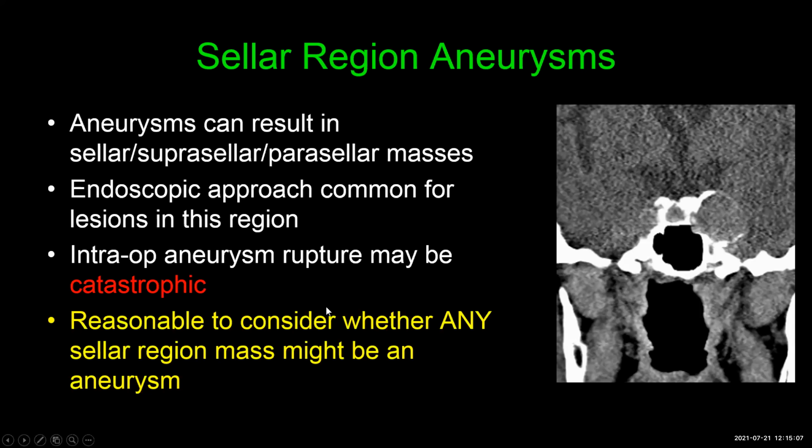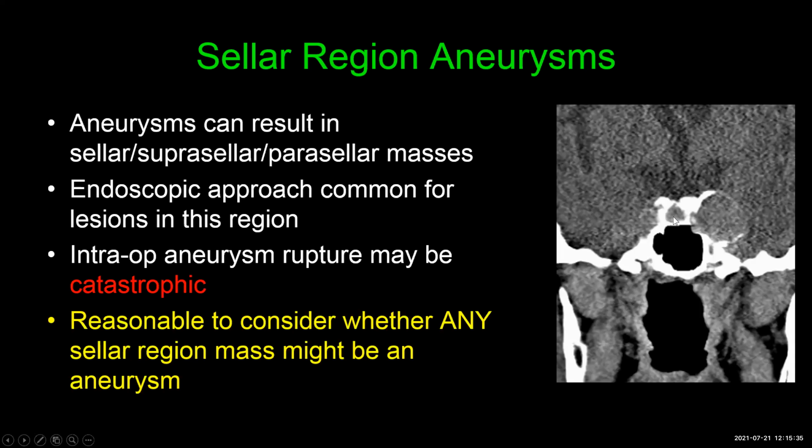Dilatation of the internal carotid artery segments that are near the sella turcica can result in masses in this location. And unless you recognize them as an aneurysm, this can lead to catastrophe. Most pituitary surgery is done through an endoscope, through the nose, through the sphenoid sinus, and down through the sella floor to resect a pituitary tumor.